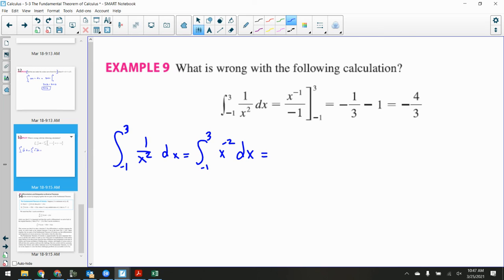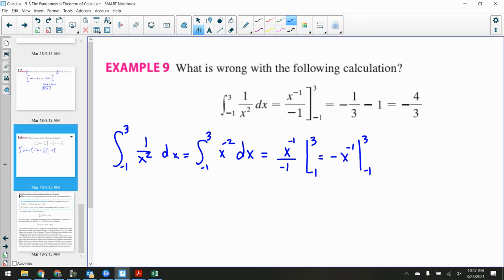Well, the antiderivative is kicking it up 1, x to the -1, and then dividing by that thing, which is essentially exactly the same thing that they had, right? So far, is their calculation good? Okay. Now, I'm just going to reduce that a little bit. Dividing by -1 is the same thing as just putting a negative out front.